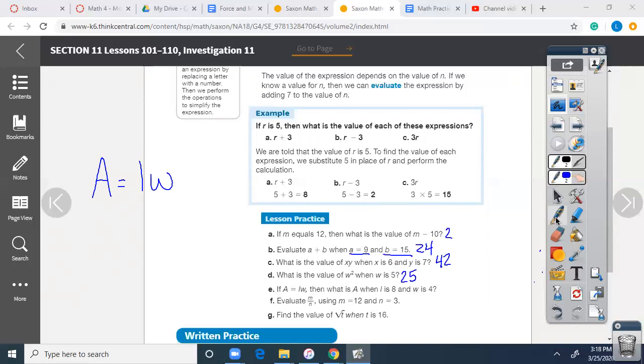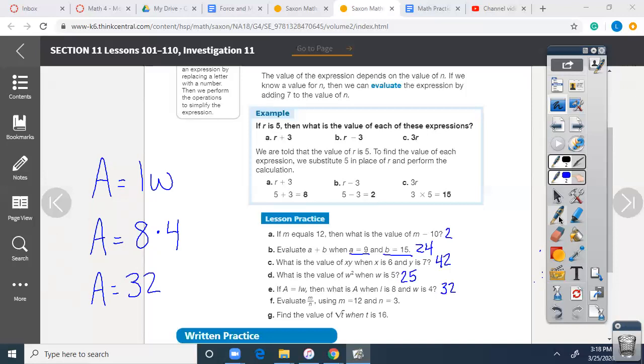So if A equals LW, then what is A? We still are trying to figure out what A is. What is A when L is 8 and W is 4? So we're going to multiply it by 4. So A equals 8 times 4. What is 8 times 4? 32. So A equals 32.